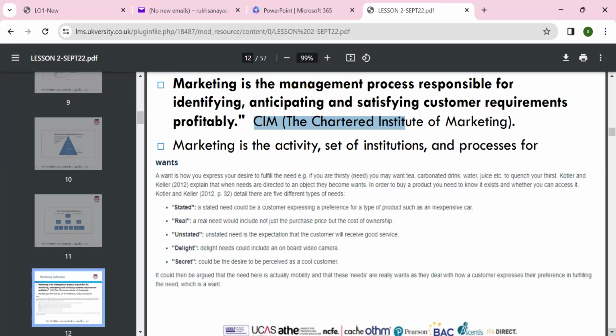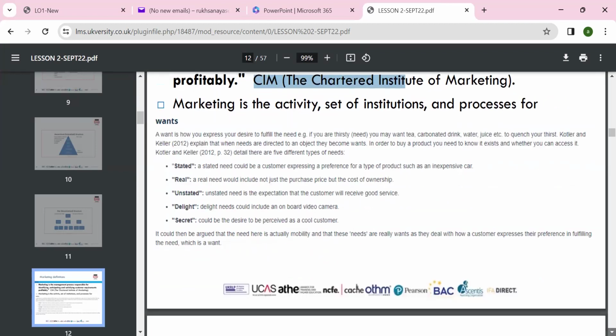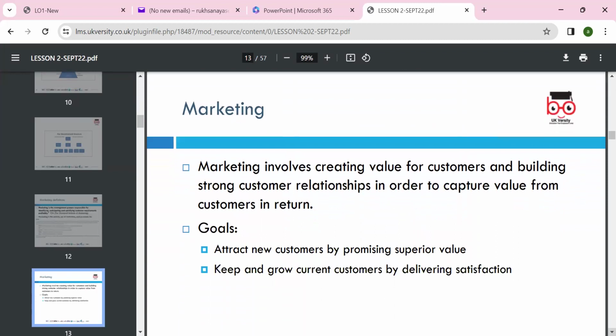Unstated needs are the expectation that the customer will receive good service. Delight needs include, for example, a desire to be perceived as a cool customer. So we need to look around at all these needs and wants, and we need to fulfill them.